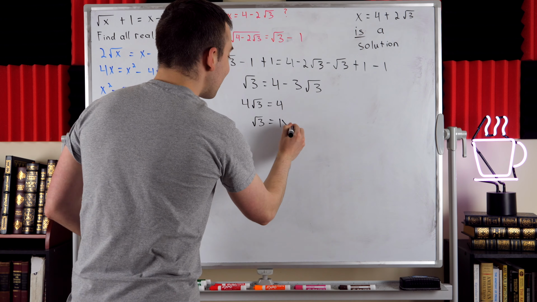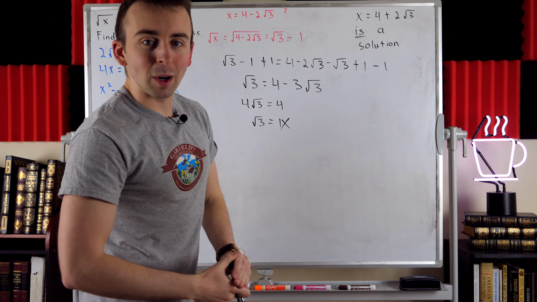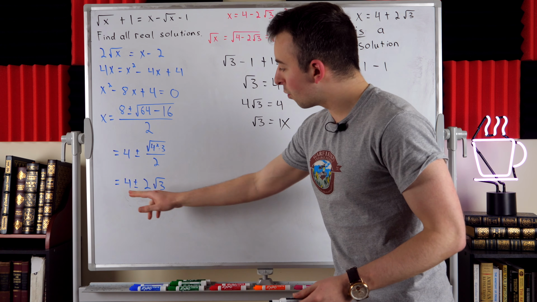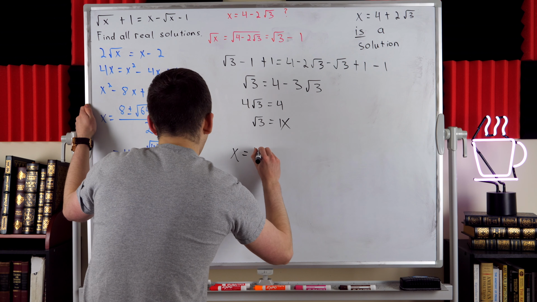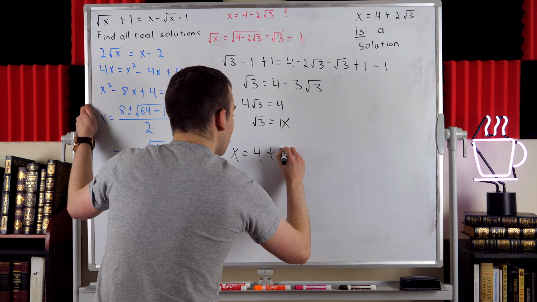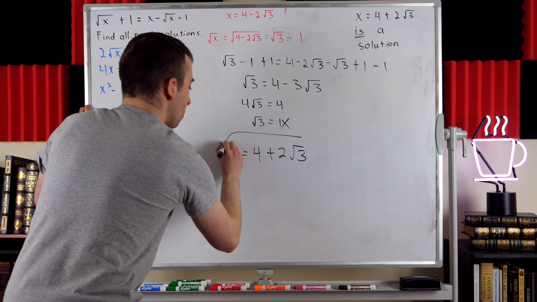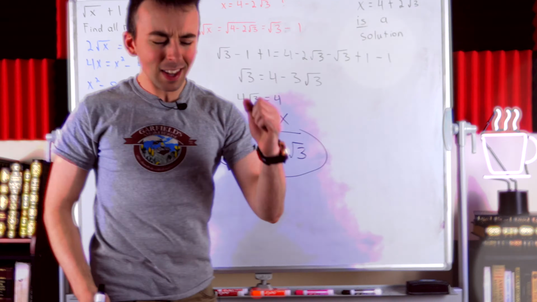Oh wait, that's not true, so that was an extraneous solution. So although 4 minus 2 root 3 was a solution to the quadratic equation we set up, turns out it wasn't actually a solution to the original equation that we were interested in. And so the only real solution is x equals 4 plus 2 square root of 3.